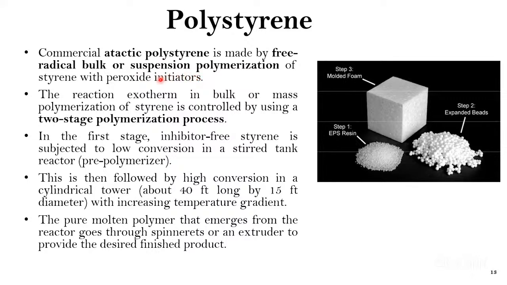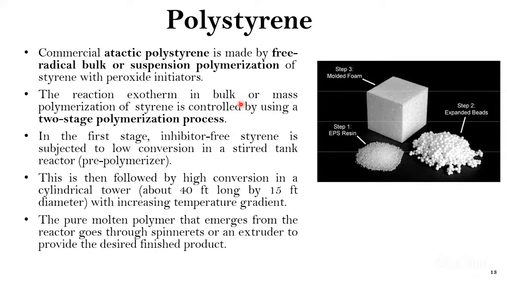But while we do this bulk polymerization, there is a chance that it will become an exothermic reaction. Exothermic reaction means that when this reaction starts, some energy is evolved. Energy comes out of that reaction, and it can sometimes even blast in the industry.